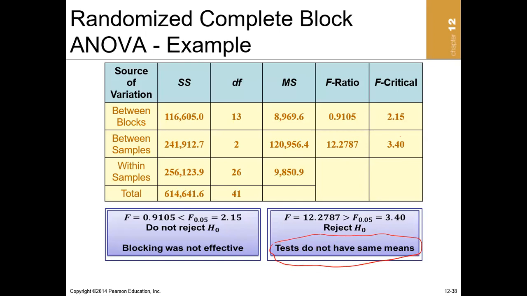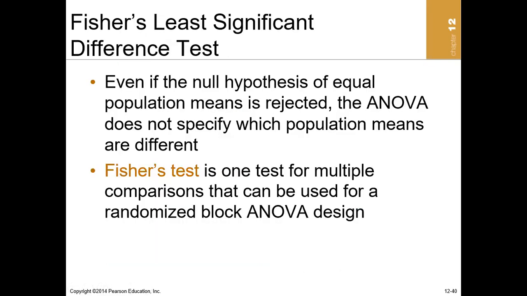And when we are under the randomized complete block ANOVA, we use the Fisher's least significant difference test to test which of them is causing the difference. Even if the null hypothesis of equal population means is rejected, the ANOVA does not specify which population means are different.